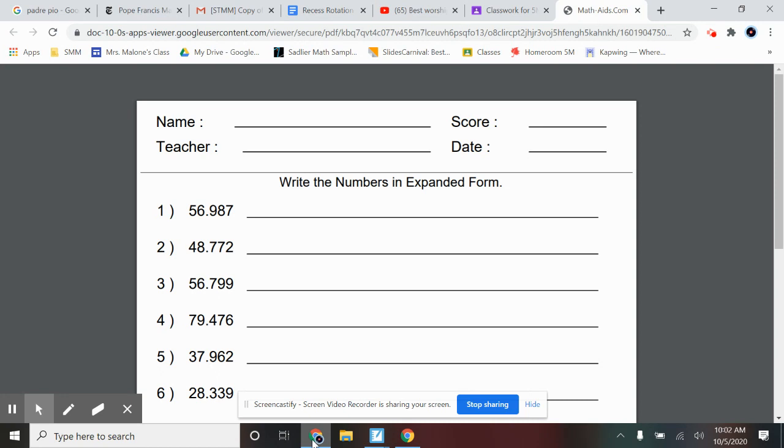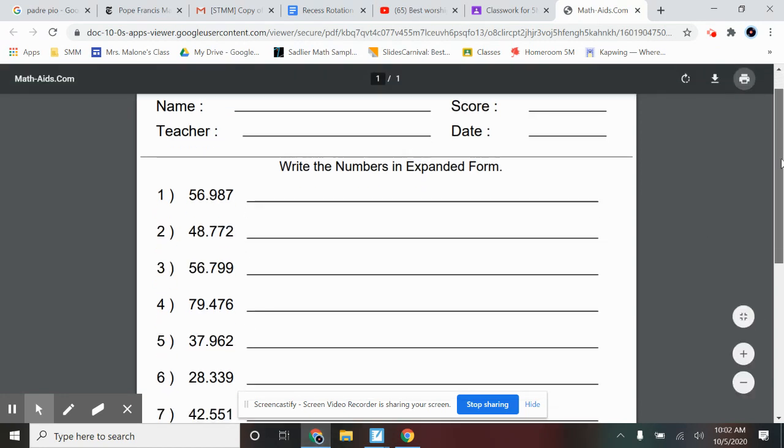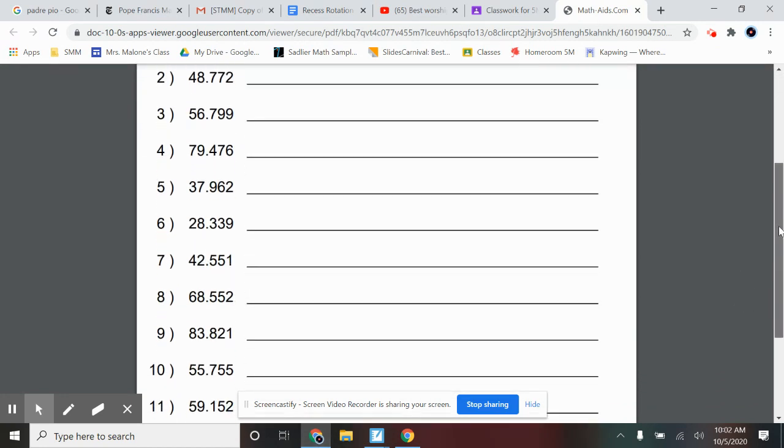Number 6, 20 plus 8 plus 0.3 plus 0.03 plus 0.009.